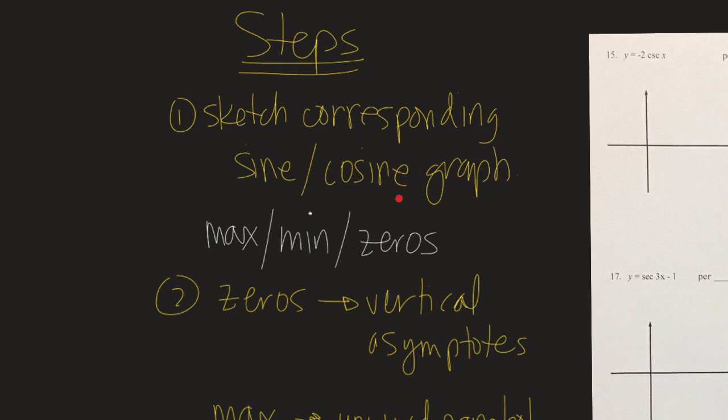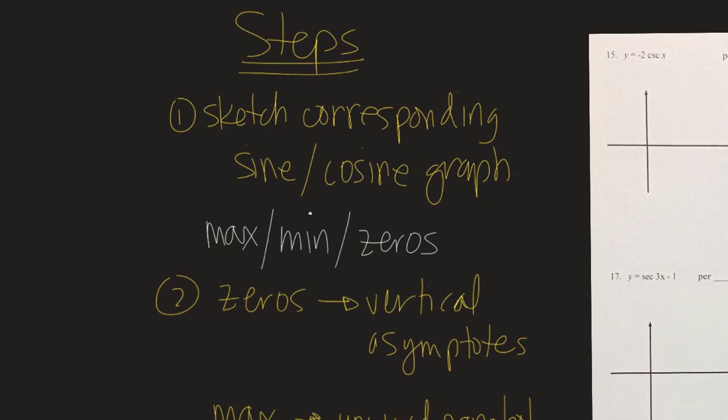Okay, zeros are where your graph has asymptotes. Maxes is where your graph has upward facing parabola looking things. And minimums is where your graph has downward facing parabola things. Okay, so we're going to get these 3 points.